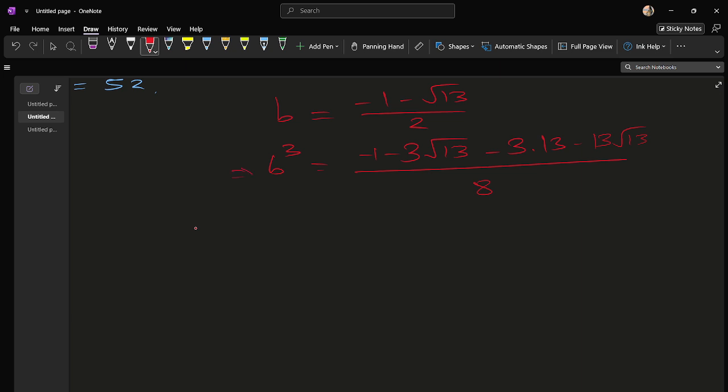Then our upper side will be minus this and this will be 16 root 13. So our b cube will be minus 5 minus 2 root 13.